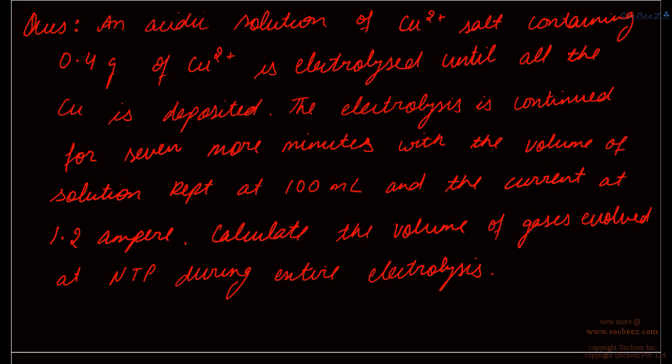Okay, so the acidic solution of Cu2+ containing 0.4 gram of Cu2+ is electrolyzed. Now, in this case, it is not mentioned which acidic salt of Cu2+ it is. Since it is not mentioned, we have to assume it and then solve it for two different conditions.